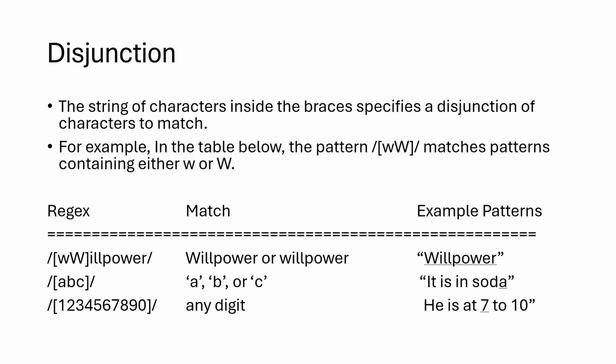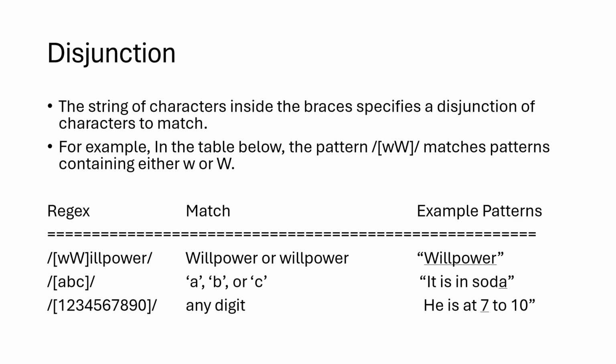Now let us discuss an example for the disjunction operator. This operator is used to specify an either-or pattern. For example, if you want a match that combines either a lowercase letter or an uppercase letter, we can use this operator.